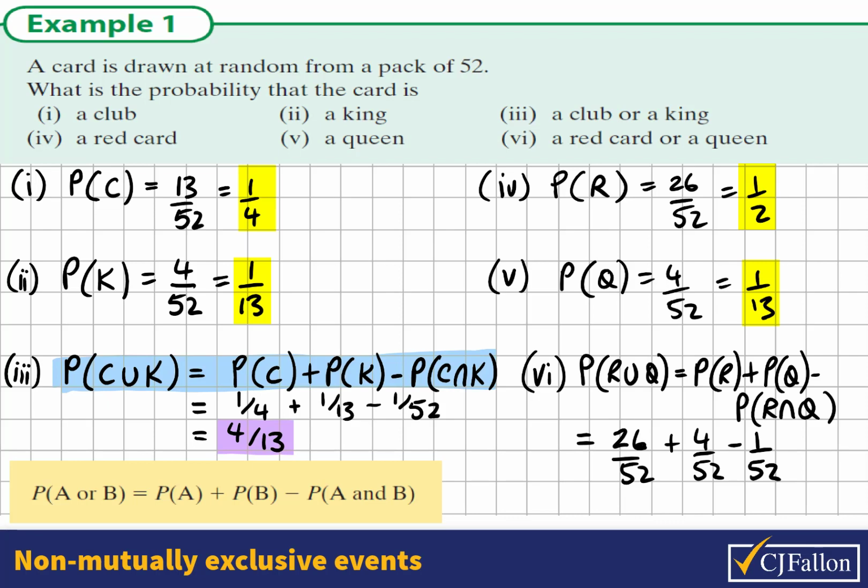Very similar at least. So when we add these together, we're getting 29 out of 52. And that's the solution here. Again, you could argue this question using a Venn diagram approach like we did last time as well. But you see, we're using what is essentially the same formula as before.